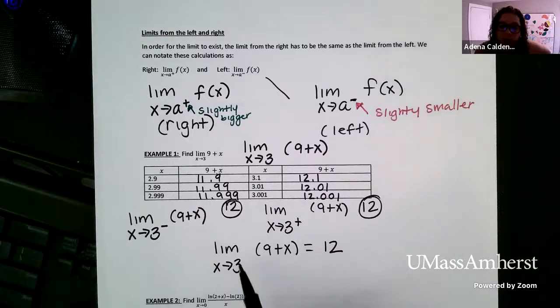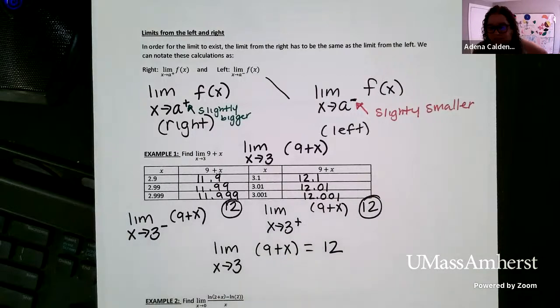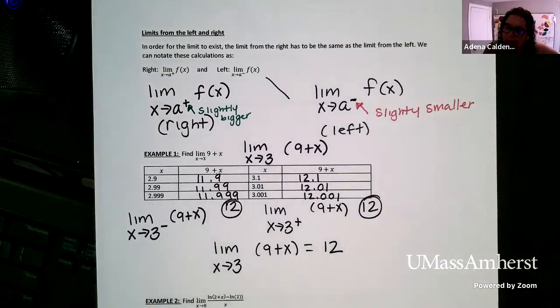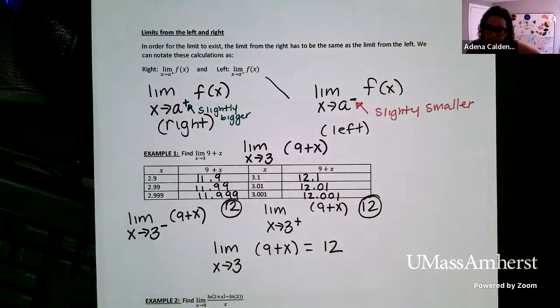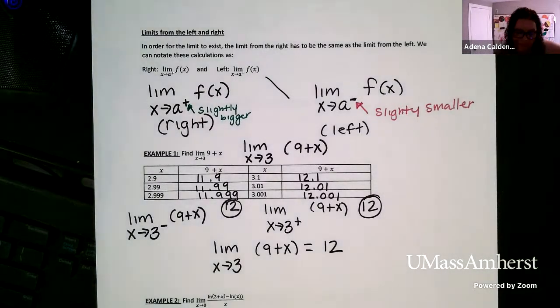So we can say that the whole limit with no qualifier equals 12 as long as the left and the right are the same. If the left and the right were different, we would say that this limit does not exist. Okay, we will get to some examples of that in a little bit.